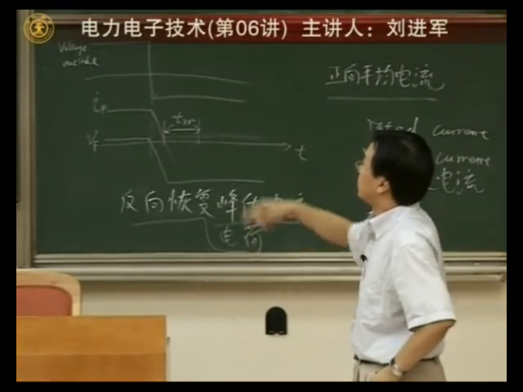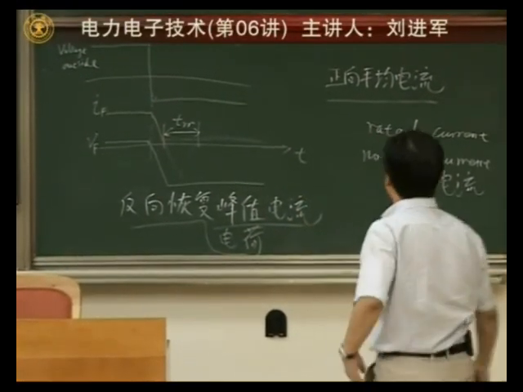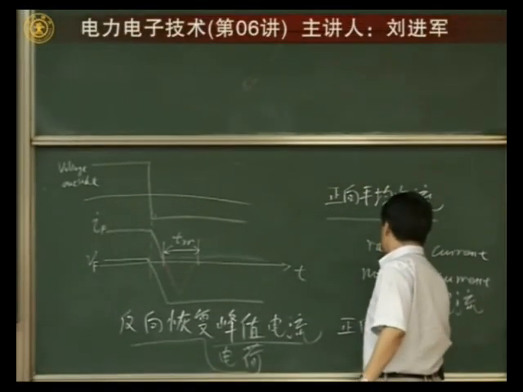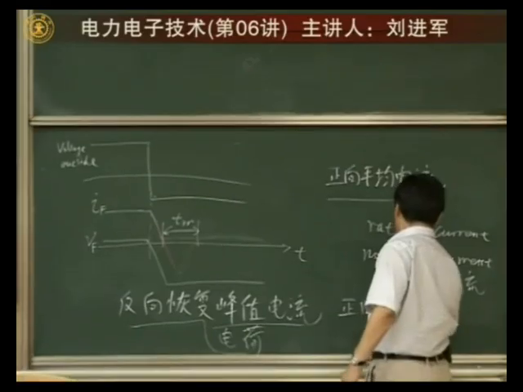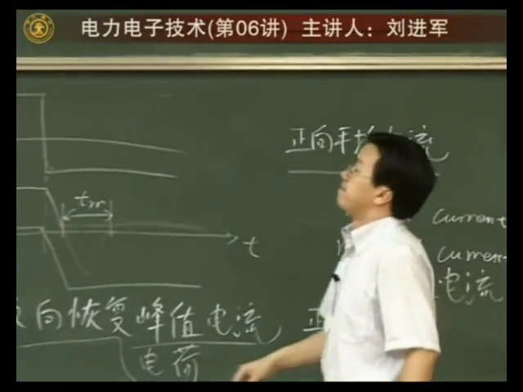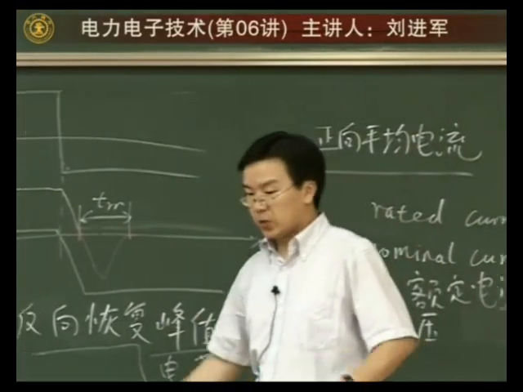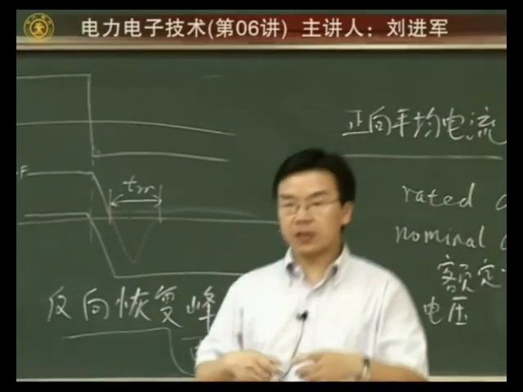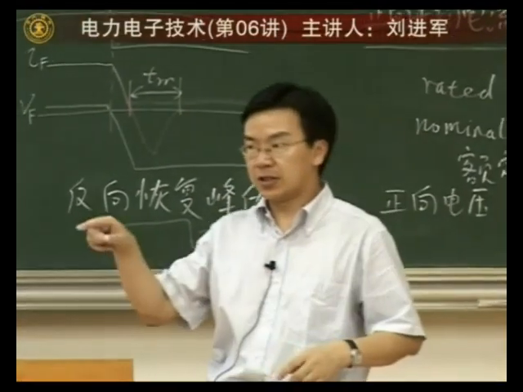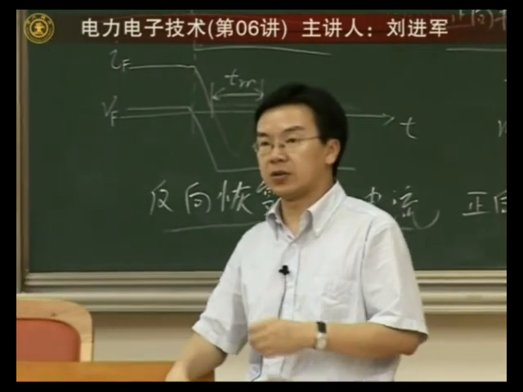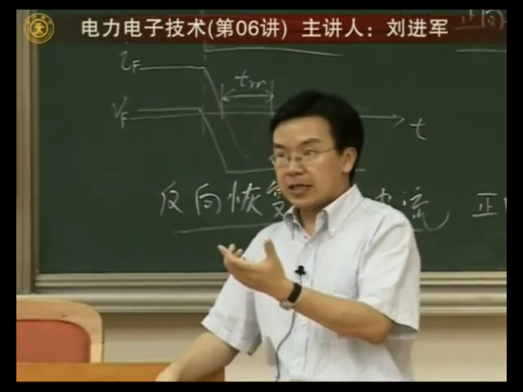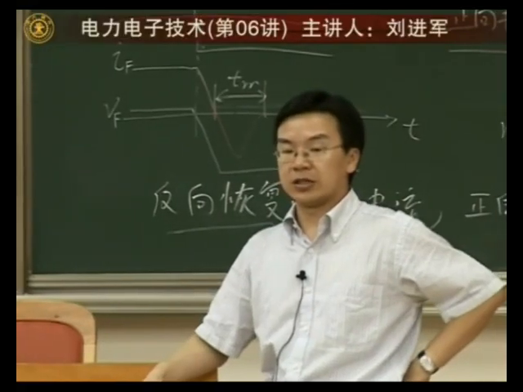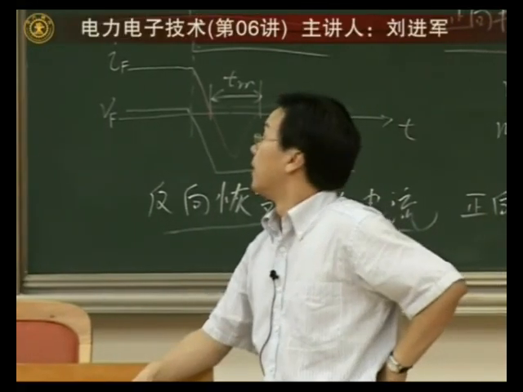And then you have forward voltage. That's the voltage when you apply a certain current. When the diode is forward biased and you allow a certain value of current to flow through the diode, at that time, how much is the voltage across the diode? That's called forward voltage.